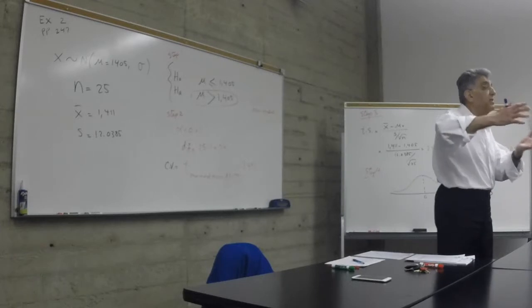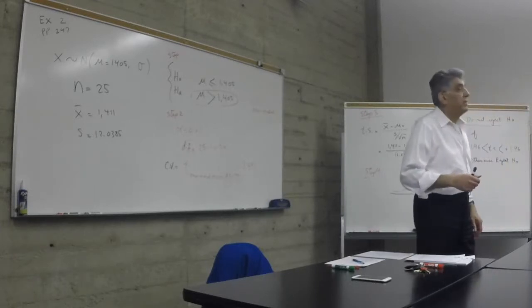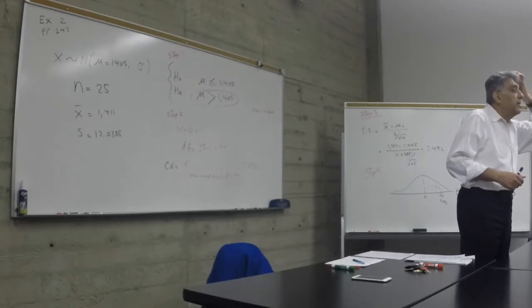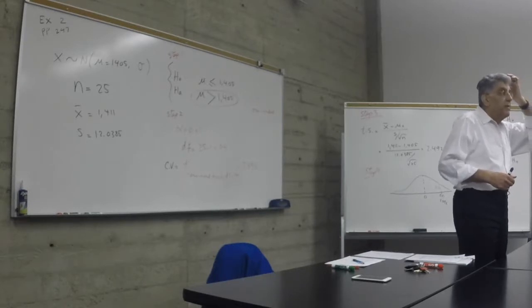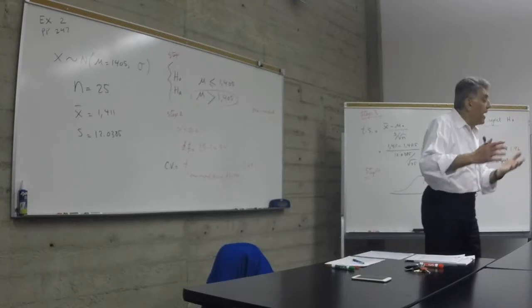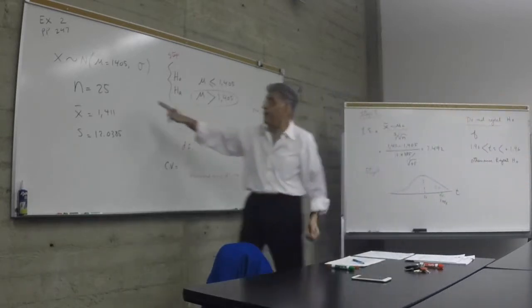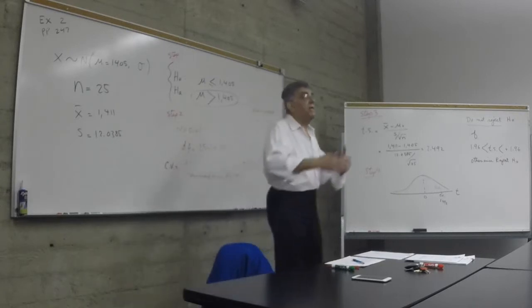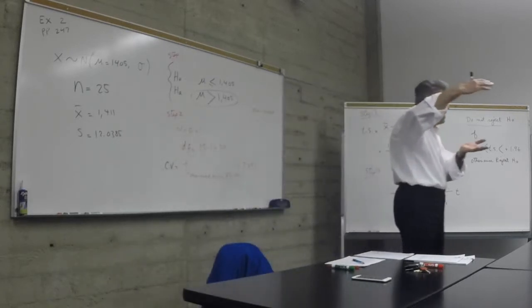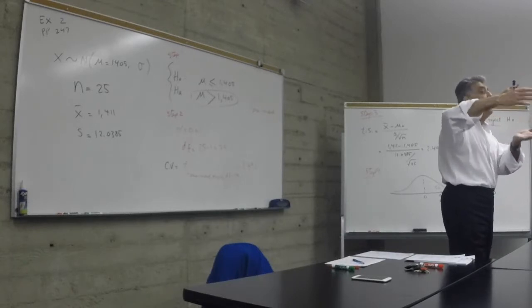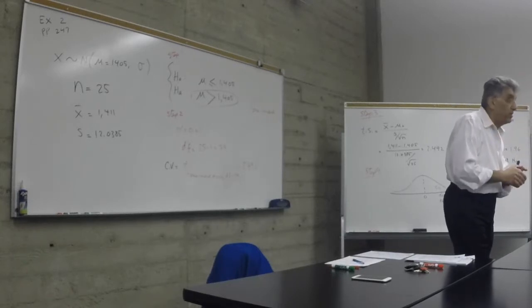Run a bigger sample. You'll gather more data. Exactly. You go out and gather more data. Maybe instead of 25, make it 50. Go to a higher sample size and see whether you will get a conclusive result.